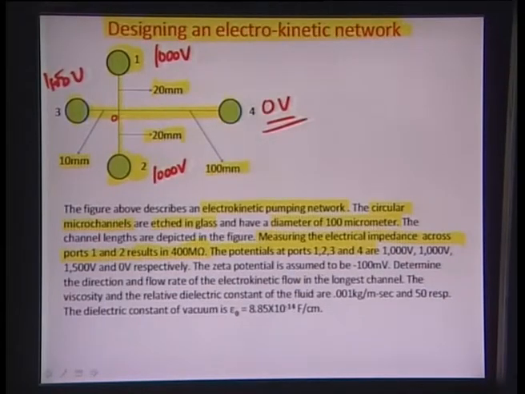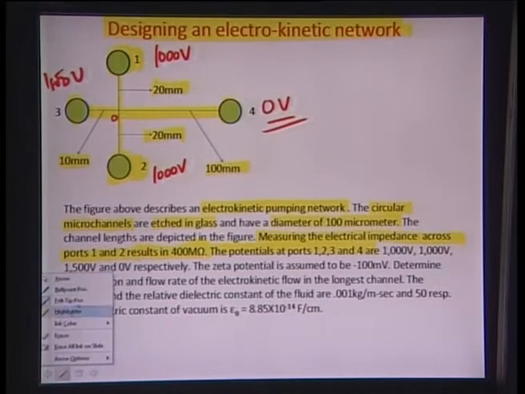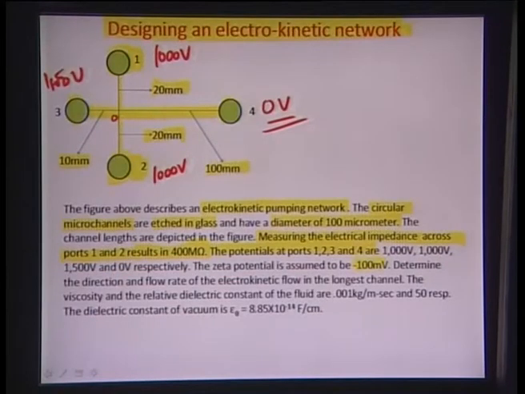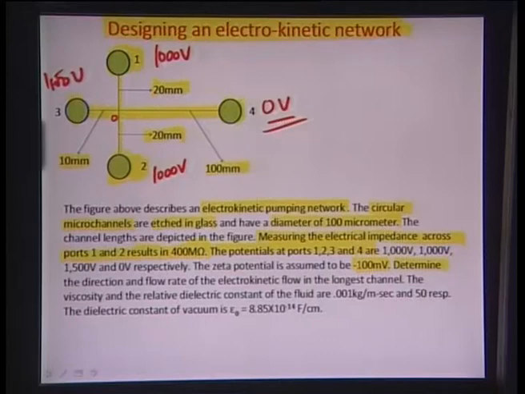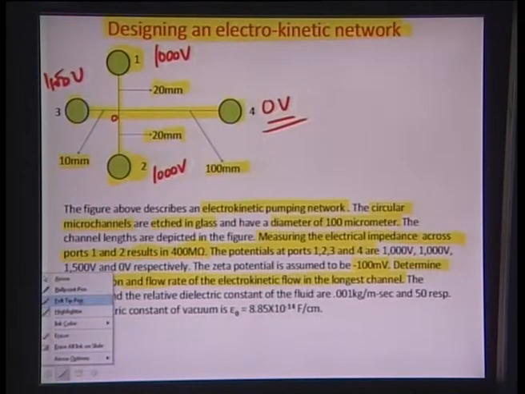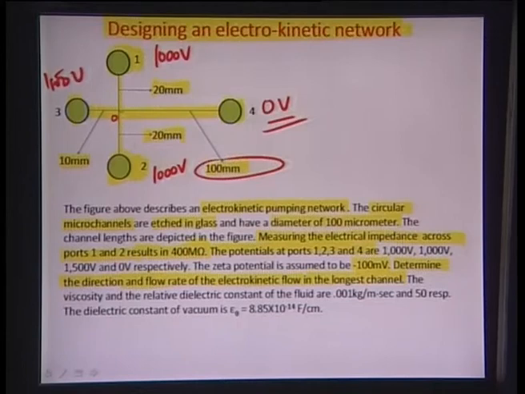The zeta potential here is assumed to be about minus 100 millivolts, as can be defined by the surface in connection to another liquid phase, and you have to determine the direction and the flow rate of the electrokinetic flow formed in this case in the longest channel, that is the one which measures about 100 millimeters, or this channel between 0 and port 4.